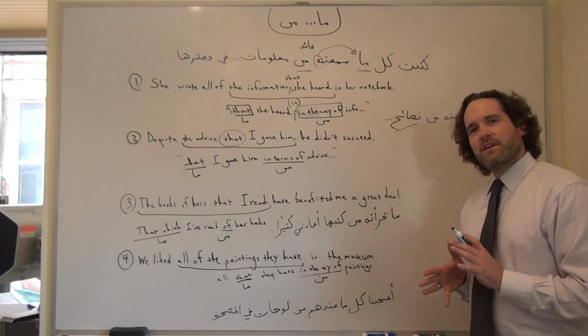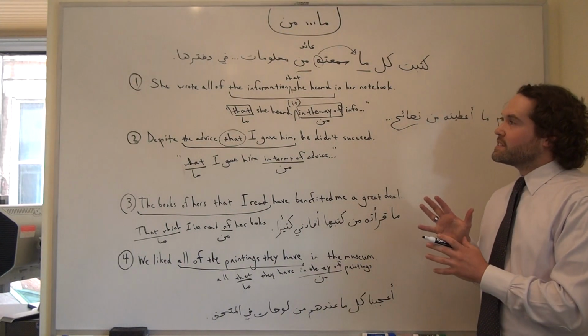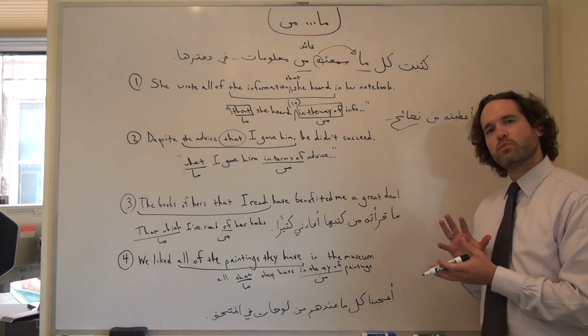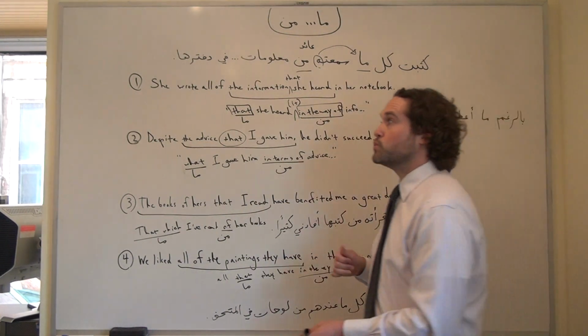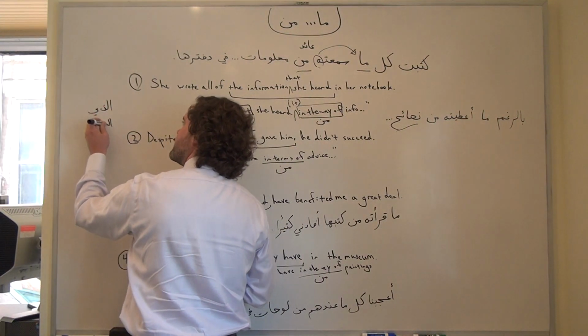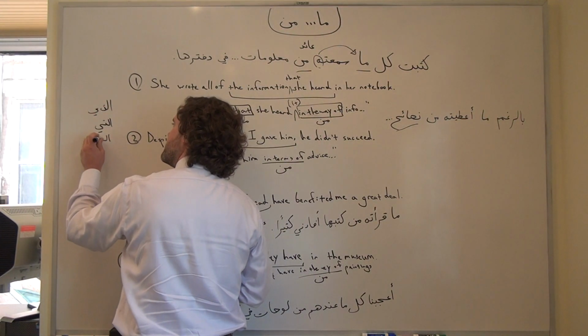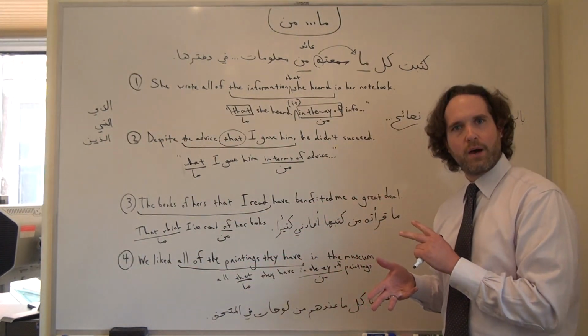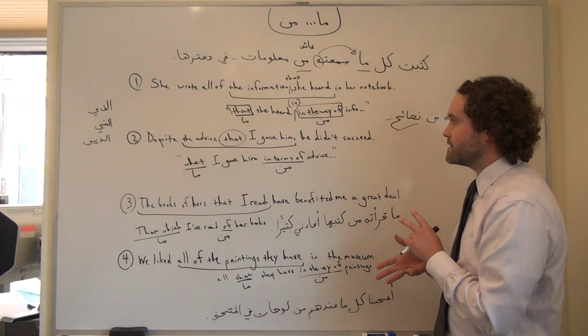So one way that we can deconstruct a sentence like this when we encounter it is to think about how we might rephrase it using ism mawsul, those الذي, التي, الذين words that refer back to a noun that occurred previously in the sentence.